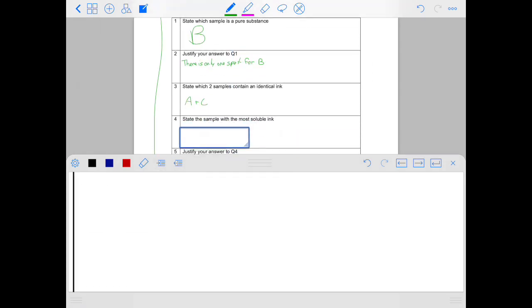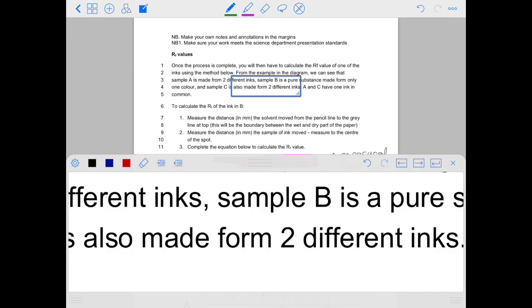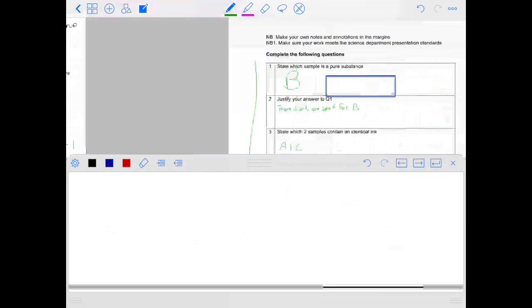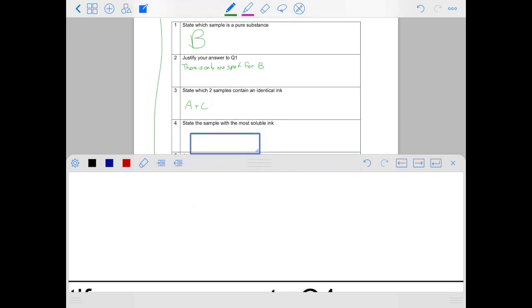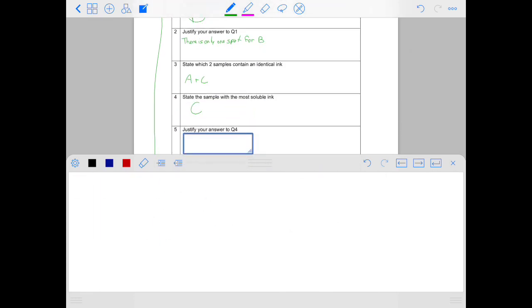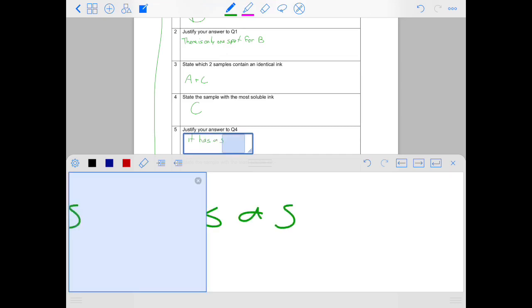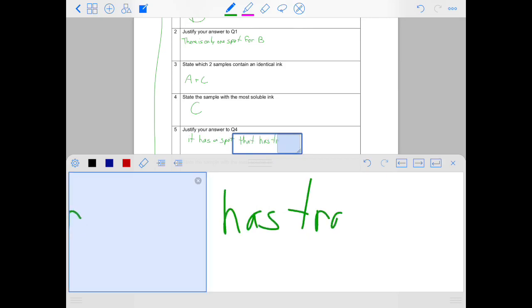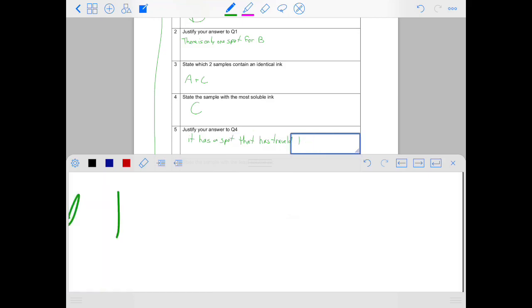Which sample has the most soluble ink? That would be, again, C, because it has the ink that moved the farthest. So for 4, most soluble ink, C. And we know that it has a spot that has traveled the farthest.